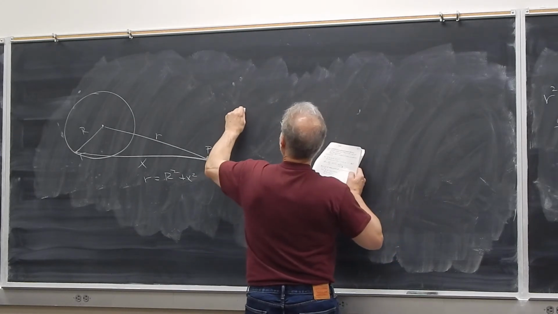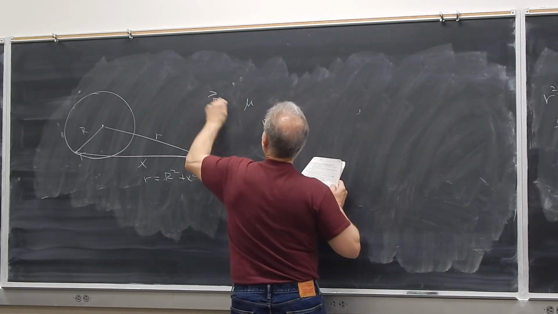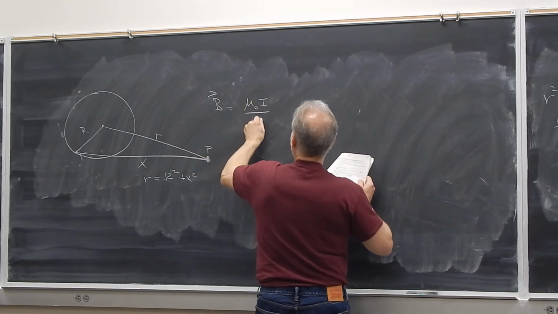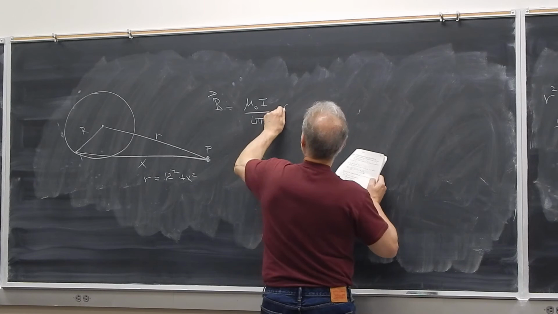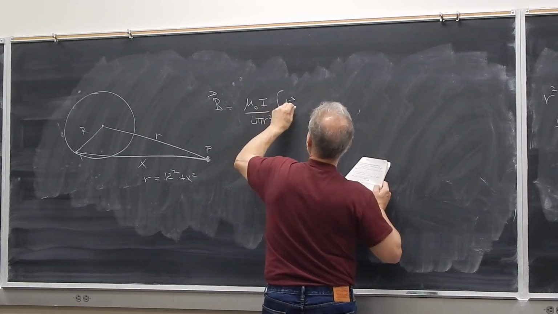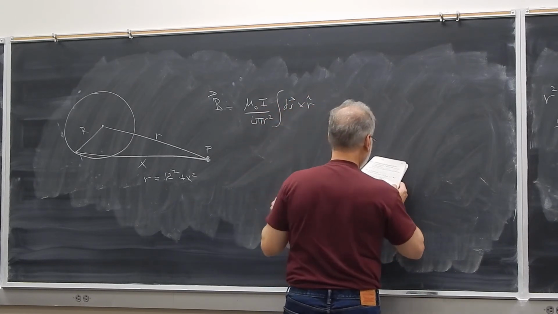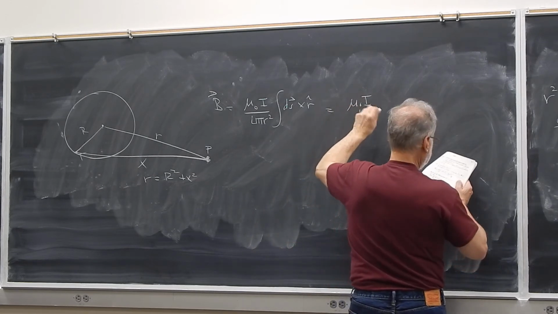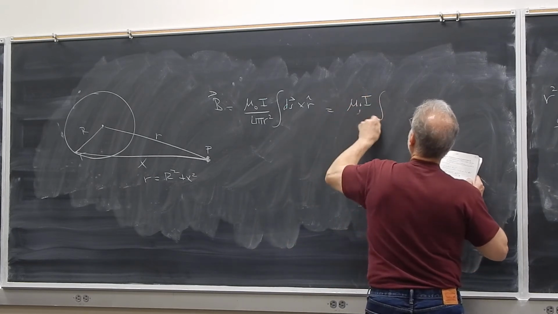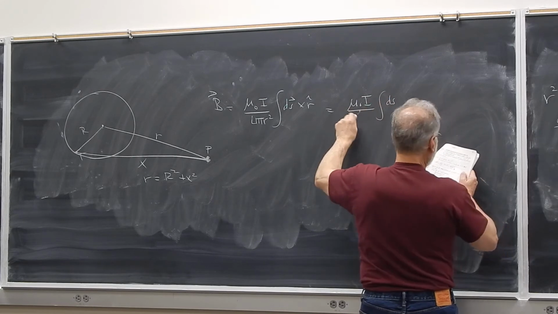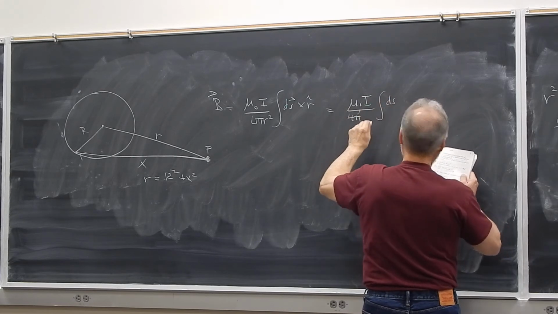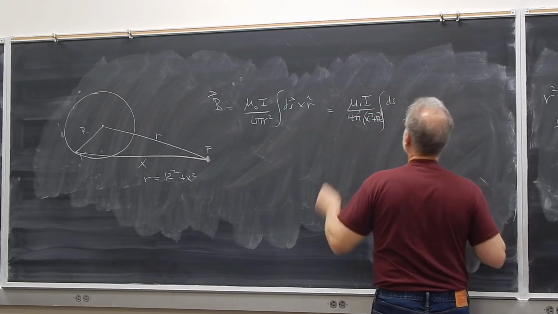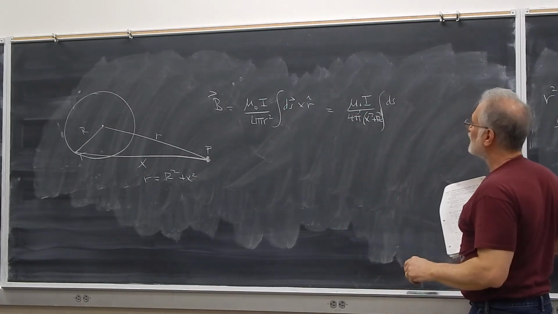So once again, I can write my magnetic field as mu naught times I over 4 pi r squared integral ds cross r. I can write this as mu naught I integral ds over 4 pi times x squared plus capital R squared, which are both constants.